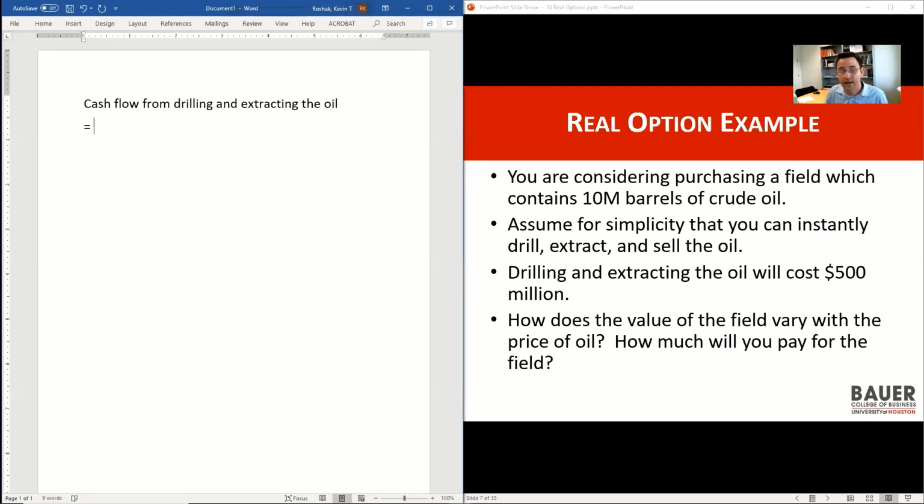Well, you're going to get 10 million barrels out, and you're going to sell that for whatever the price of oil happens to be. So that will be your revenue: the price of oil per barrel, and you have 10 million barrels. Your cost will be the drilling and extraction expense, which is labeled here at $500 million.